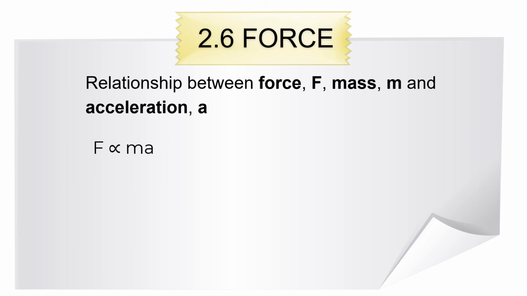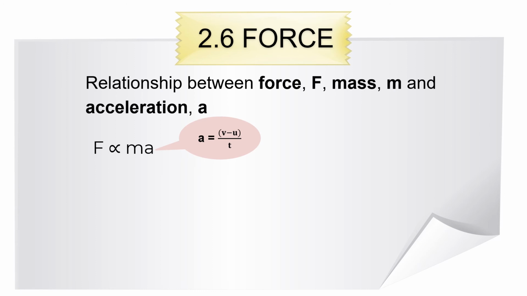Then, we will go into the study of the relationship between force F, mass m, and acceleration a. From the previous slide, you already know that force is directly proportional to mass and acceleration. As I explained at the beginning of our lesson, acceleration is the rate of change of velocity.